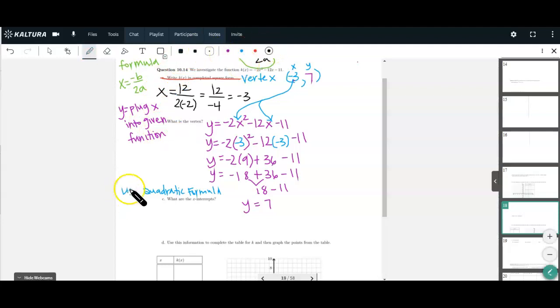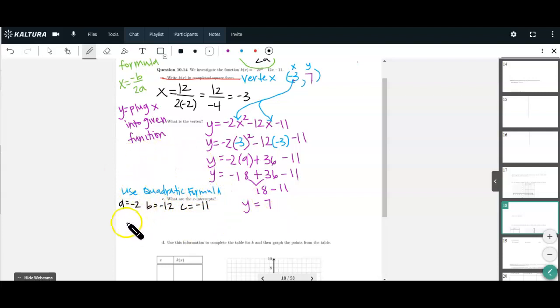I see that A is -2, B is -12, and C is -11. You could use the quadratic formula to figure out what our x-intercepts are here.